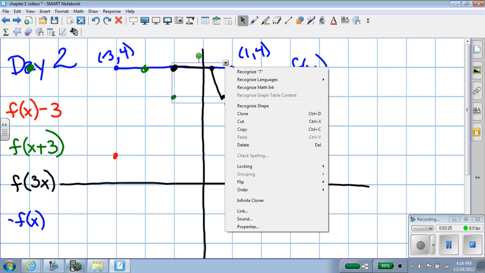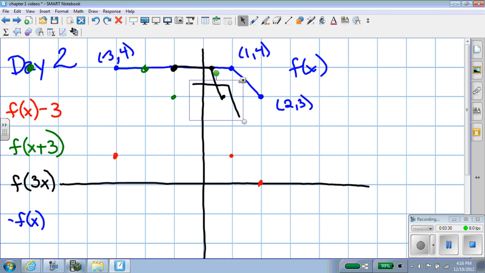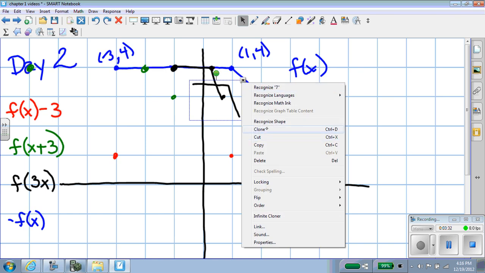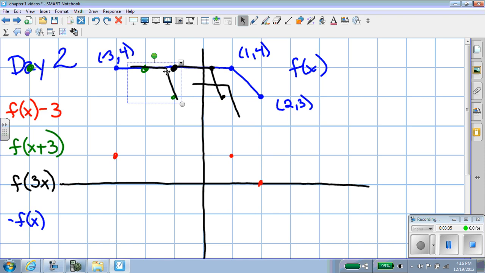I want to clone, and I want to clone it again, because I want to show you that 3 of them will fit in the space that was occupied by 1 before, right? So horizontally it was this wide, and now 3 of them fit in that space. So when you have 3x, you need 1/3 of your x coordinates.